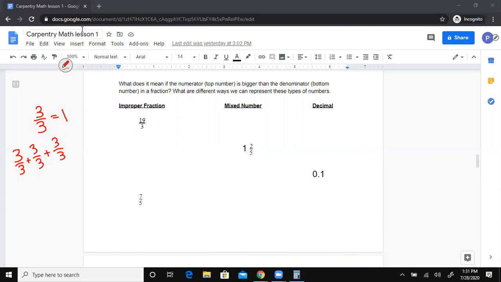Plus 3 over 3. Again, we add the tops. This is going to give us 9 over 3. We're still not at 19. I'm sorry, 3 plus 3 plus 3 is 9. I don't know why I just got confused there. Again, we can add 3 over 3.